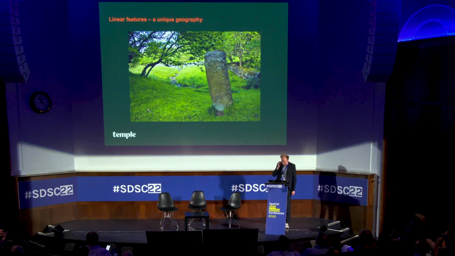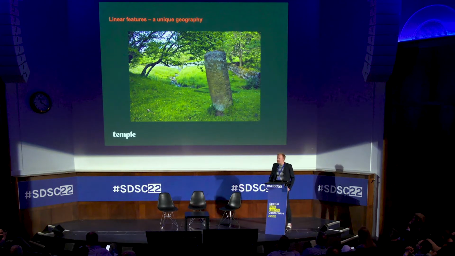So linear features have their own unique geography, which we can use to manage spatial information and also understand their interactions with the landscape. And don't worry, I'm not going to be showing you my holiday snaps.